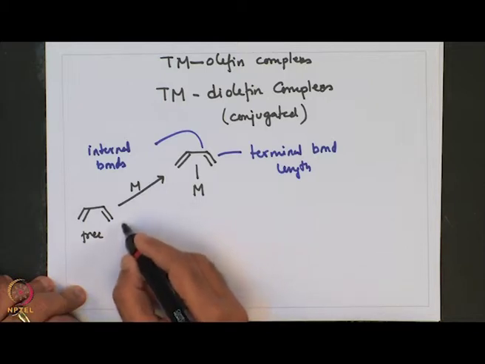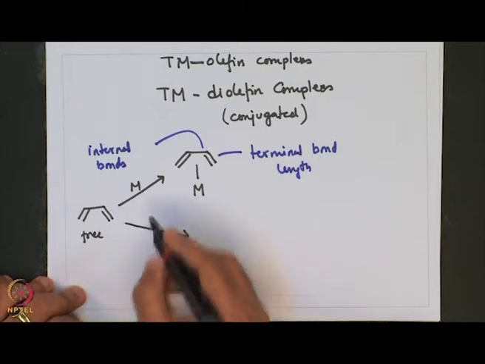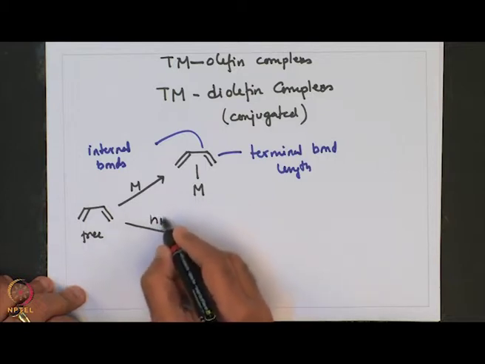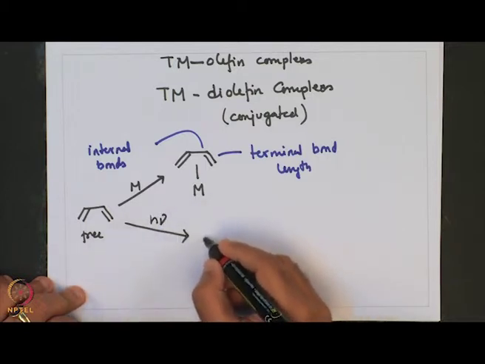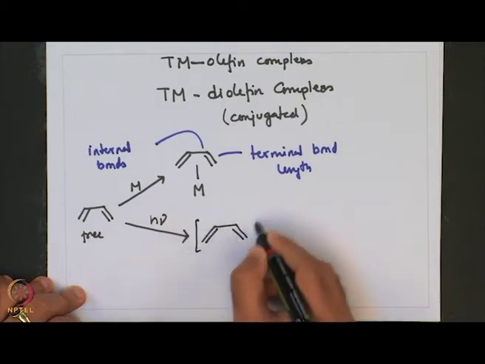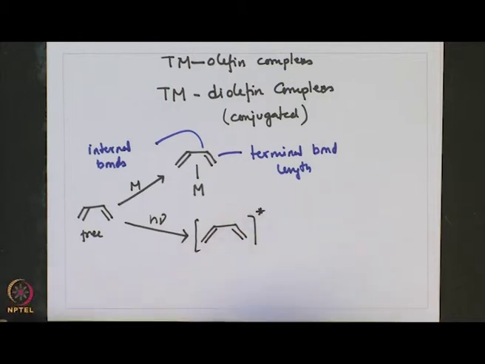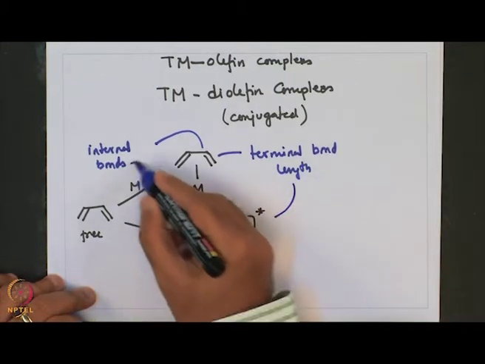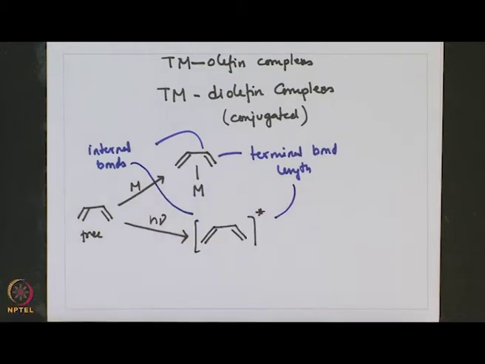And what we had discussed in the last lecture is that we see a similar change when light is induced, whereby the butadiene which is formed is excited. One of the electrons gets excited, and there also we saw a similar change in the CC internal as well as terminal bond lengths.